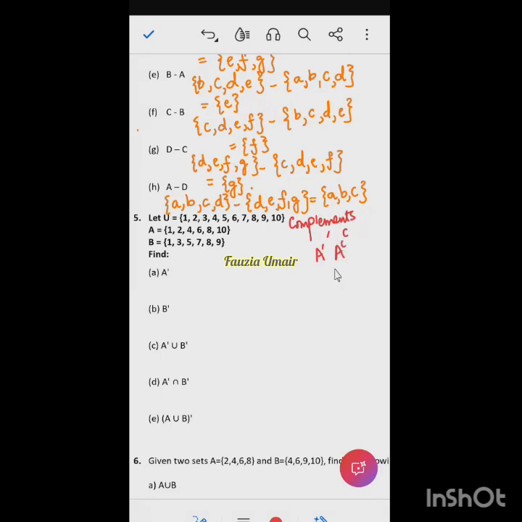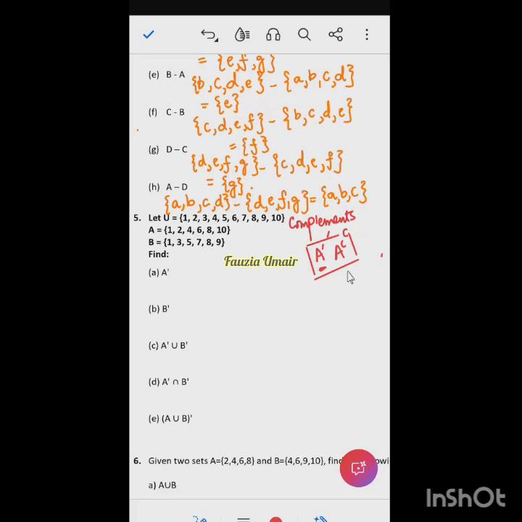Sometimes students get confused if the notation is changed, so that's why I'm telling you both notations. In the book, usually this notation is used. But one time in the board's paper, they used this small c on top of every set, and the students really got confused. What does this c mean? Some of them ignored this sign and thought that it was just a written mistake or something like that.